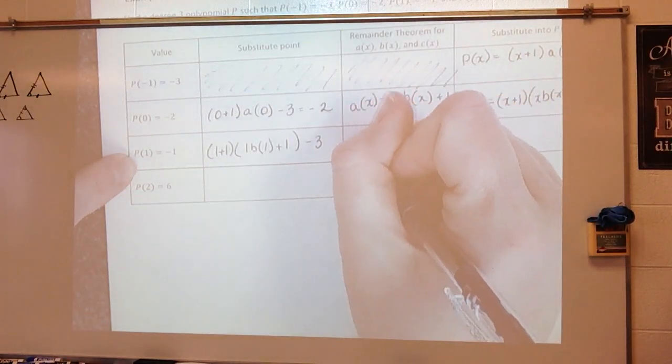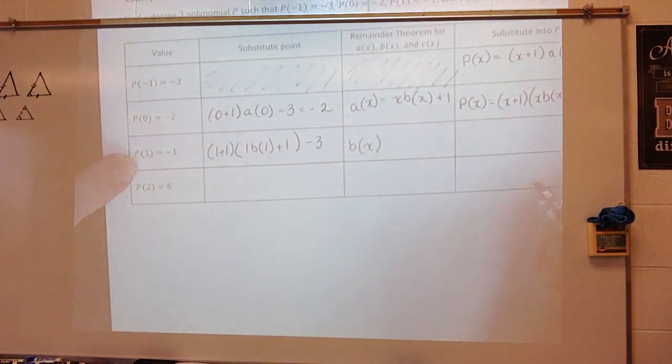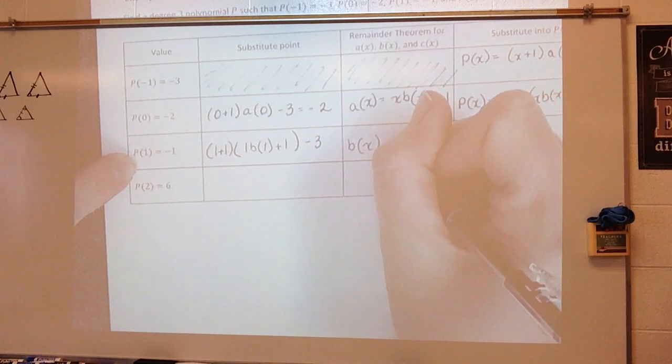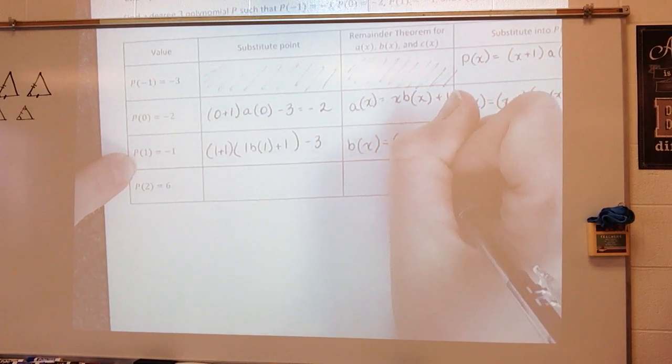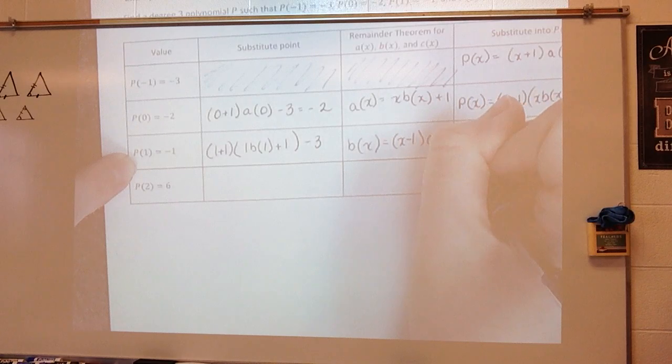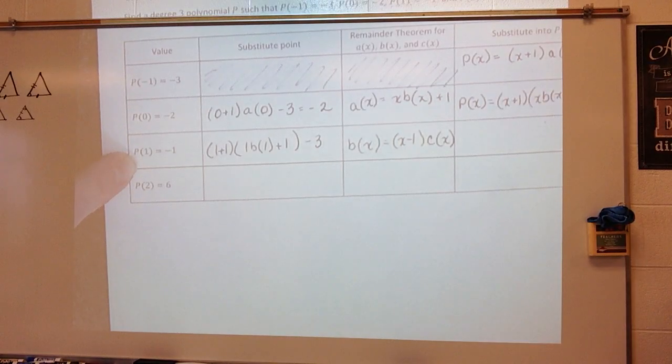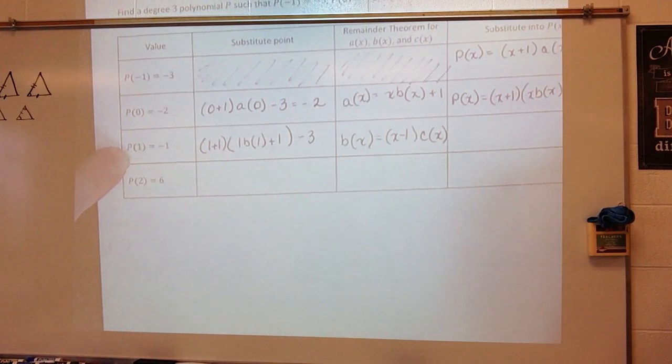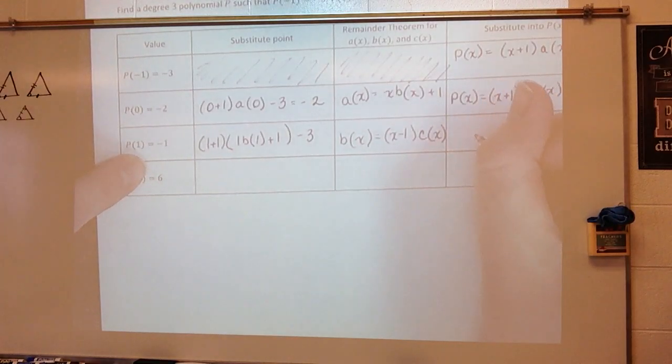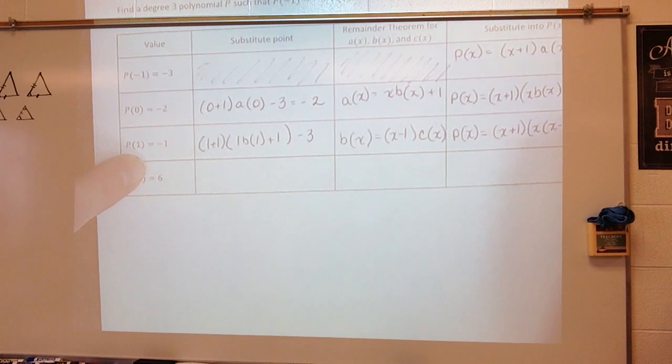Now we've got b of x is equal to x minus 1 c of x. And then I've got p of x is equal to x plus 1 times x minus 1 c of x plus 1 minus 3.